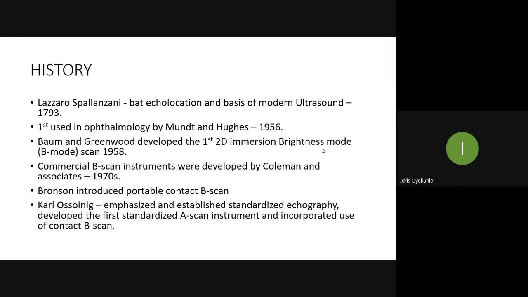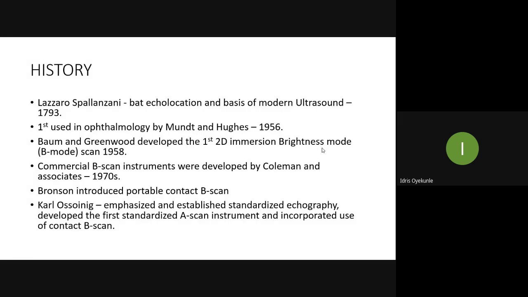Later on, Baum and Greenwood developed the first two-dimensional immersion brightness mode, which was known as the B-mode scan, in 1958. And then in the early 1970s, the commercial B-scan instruments were developed by Coleman and associates. And later on, a portable contact B-scan was introduced by Bronson.